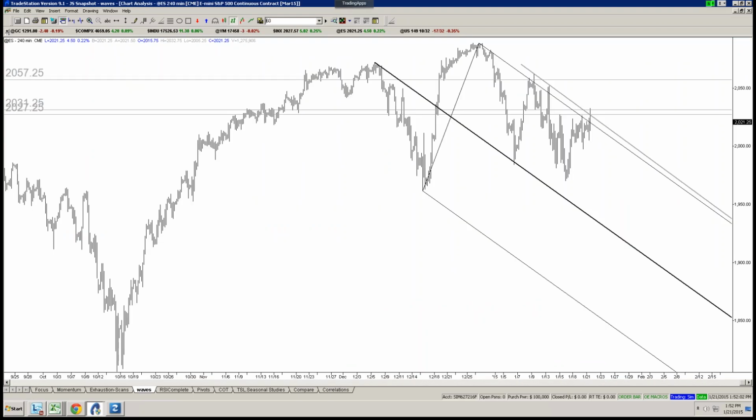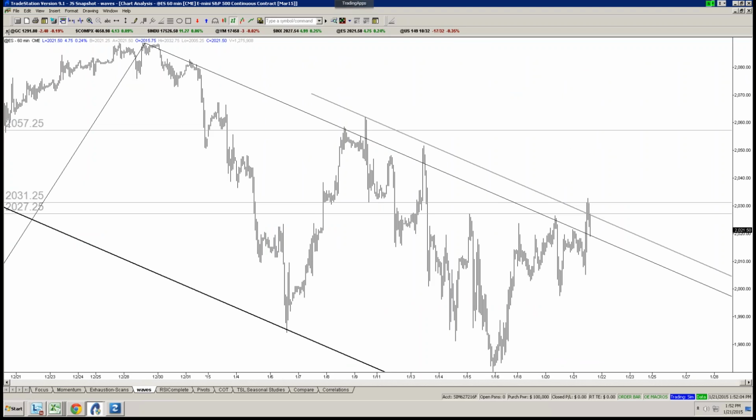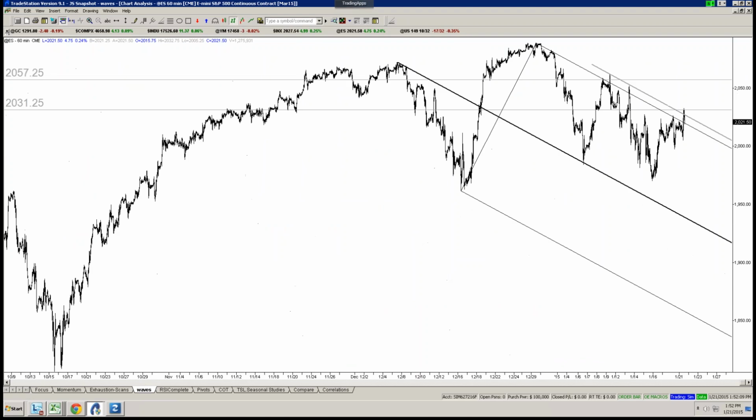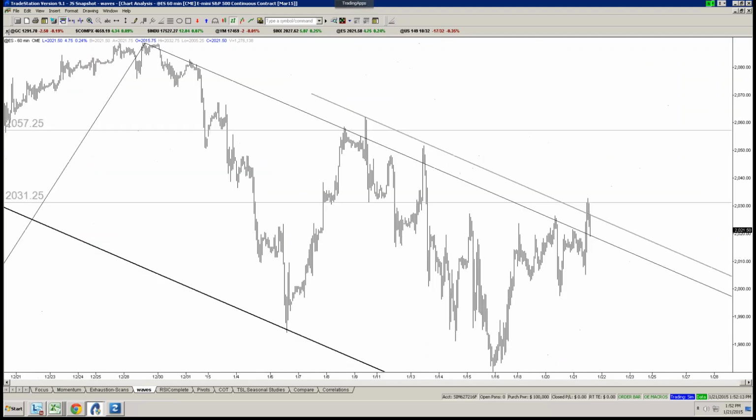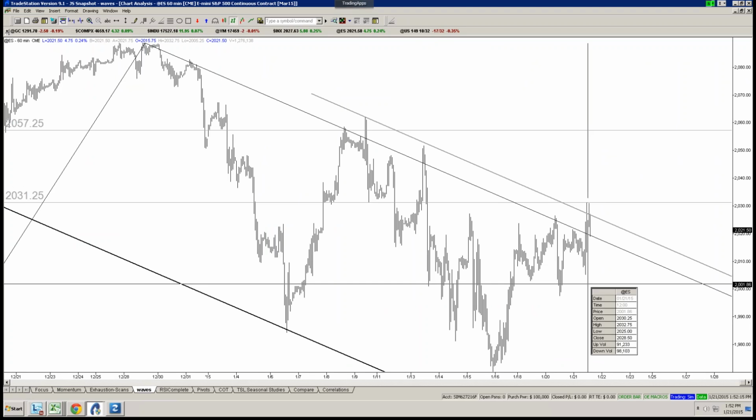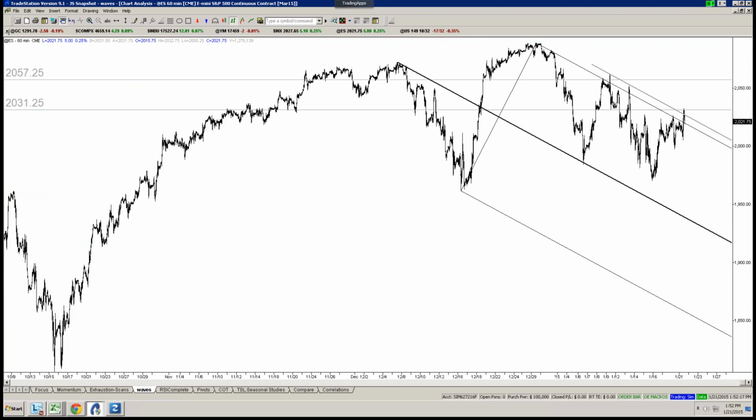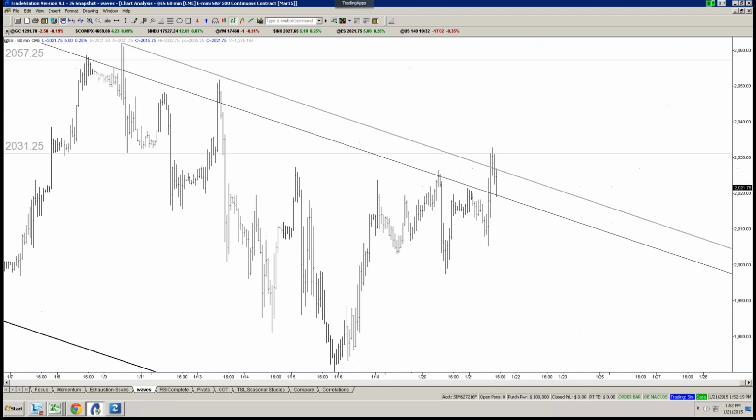So here's the S&P. I've been putting these charts up for some time, following the structure. The S&P is having a tough time holding above this slope resistance, right? Each time it pushes up, it gets slammed back down to earth.